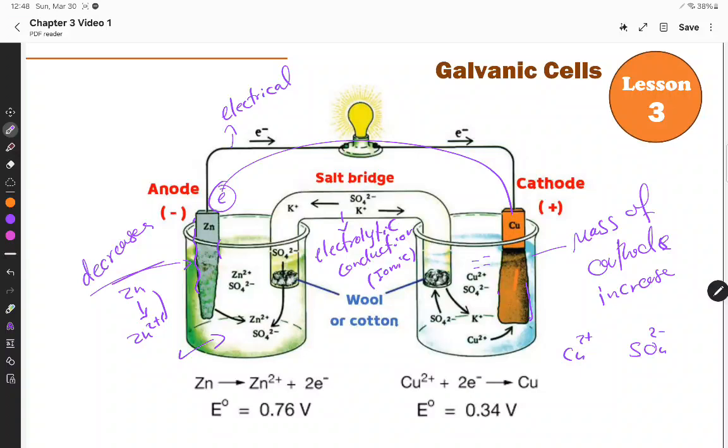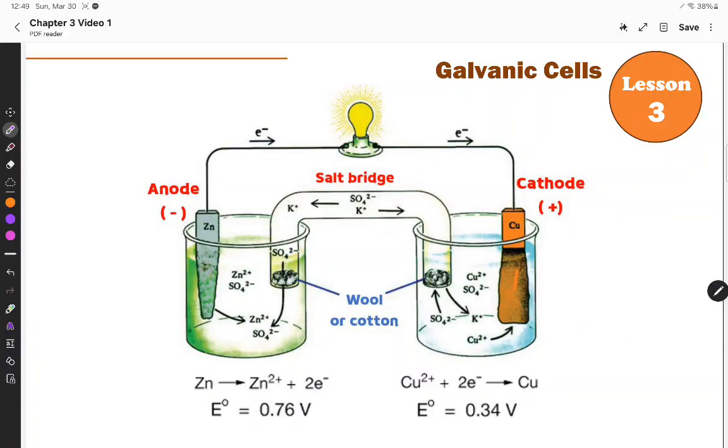Is it through a wire? No, it is through ions of water. In this case, the salt bridge will ensure conduction of electricity, but what type of conduction? Electrolytic conduction. That is why it will close the circuit and will balance the charges. Now if it asks you where is electrical conduction, that's in the wire; the electrolytic or ionic conduction is going to be through the salt bridge.